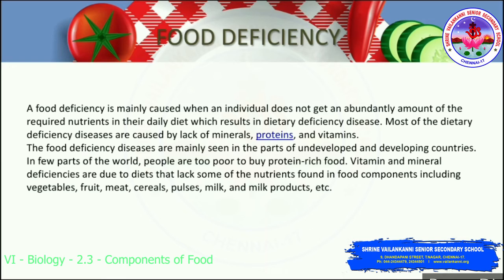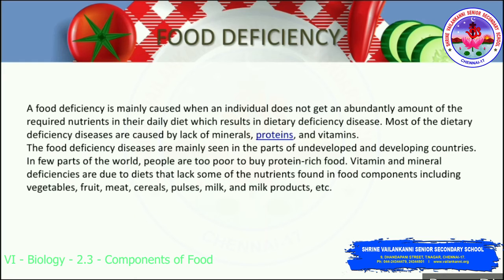A food deficiency is mainly caused when an individual does not get a good amount of the required nutrients in their daily diet, which results in dietary deficiency disease. Most dietary deficiency diseases are caused by the lack of minerals, proteins and vitamins.